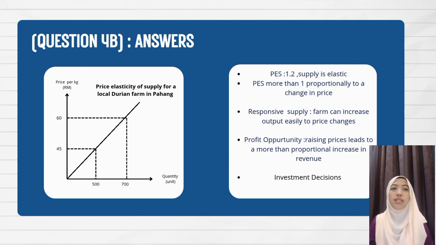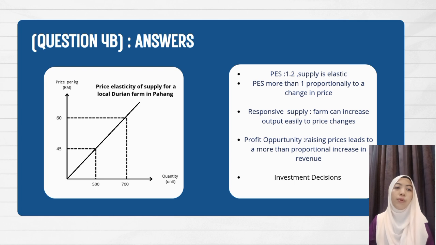So, what does this mean for the farm? Firstly, the farm has a responsive supply. It can increase production relatively easily due to available resources. Secondly, there are profit opportunities. With elastic supply, a price increase not only raises the price per unit but also increases the quantity sold, leading to a significant boost in total revenue.